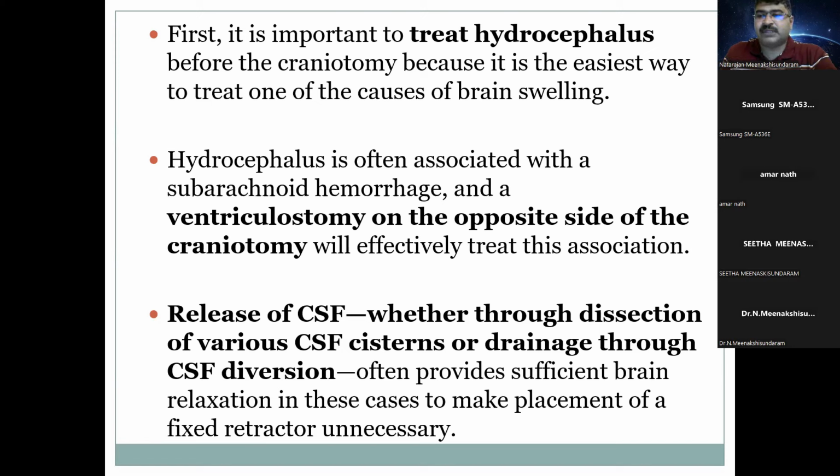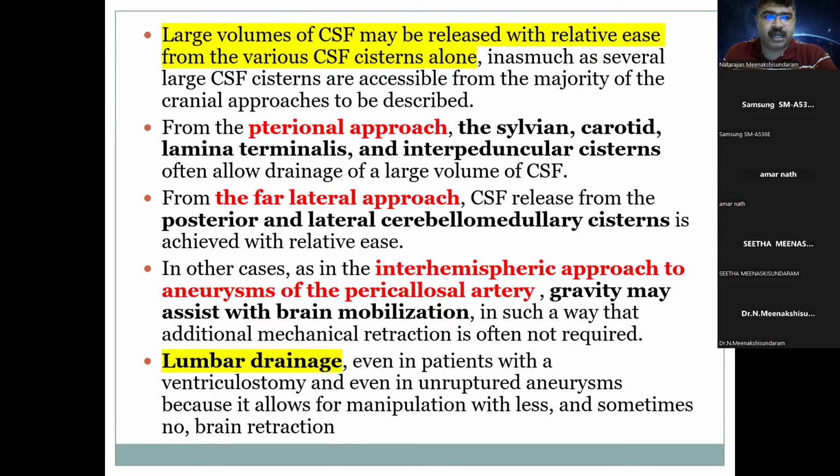The release of CSF can also be brought out through the understanding of the cistern anatomy. So do a meticulous dissection along the cisterns so that the CSF is again let out. So by achieving CSF drainage, adequate brain relaxation can be achieved either by placing an EVD, by doing a ventriculostomy, or by draining the lumbar by using the lumbar drain, or by doing a meticulous cisternal dissection.